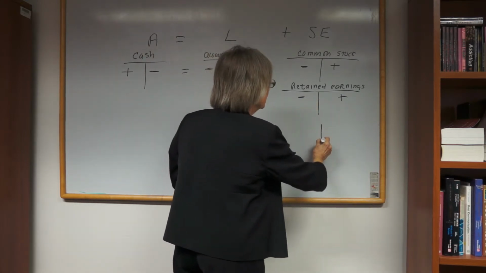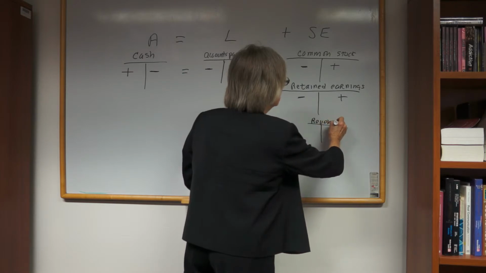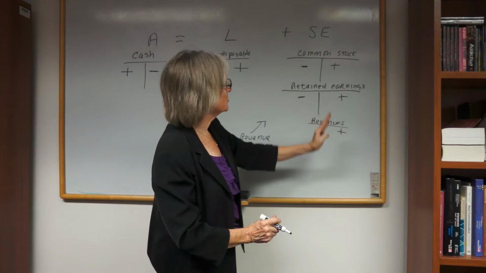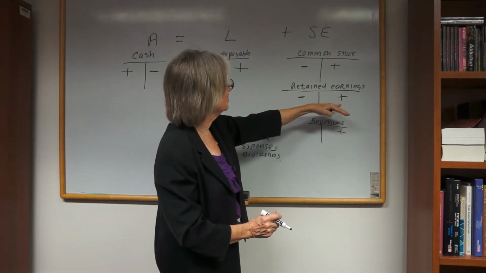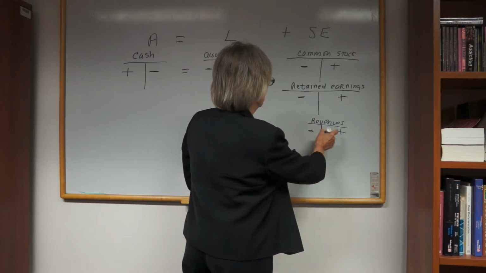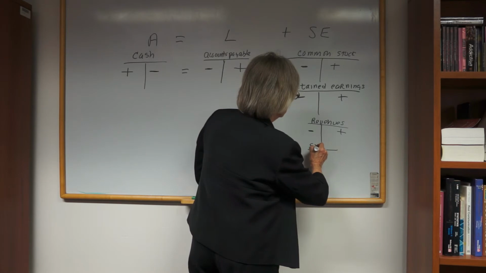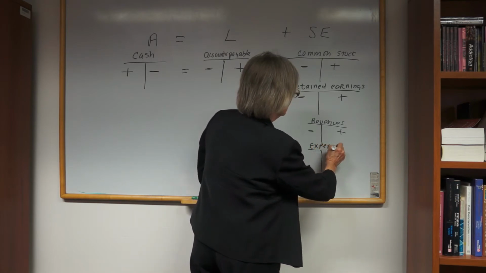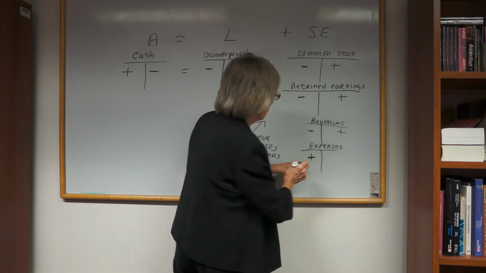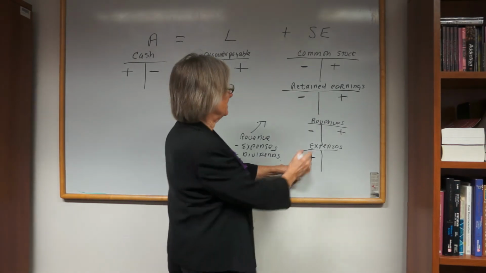These are the little accounts that get closed into it. So revenues are increased by a credit because they're increasing this whole stockholders' equity section. They're increasing the retained earnings, which is increased by a credit. Expenses are going to decrease your retained earnings, and so your whole stockholders' equity. And so more expense means less retained earnings, okay?